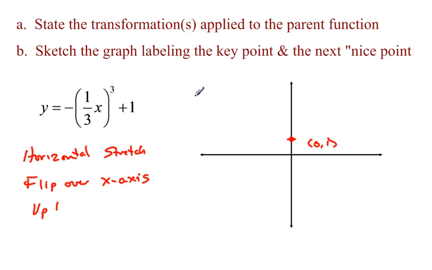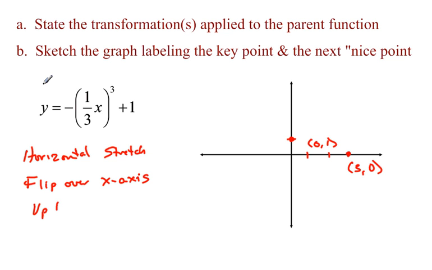Let's just remember, actually we'll draw in the shape in a minute. Now when we do the horizontal stretch, we're stretching it by 3. Because we're multiplying by 1/3, we're actually going to stretch it by 3. Which means instead of going up 1 and over 1, we're going to go up 1 and over 3, but I flip over the x-axis. So instead of up 1 and over 3, I'm actually going to go down 1 and over 1, 2, 3. And here's my key point at 3, 0.